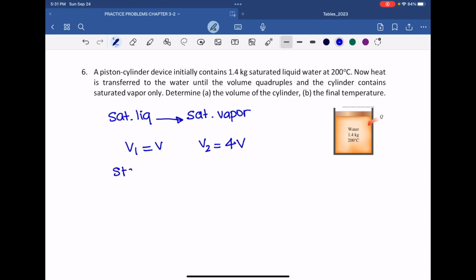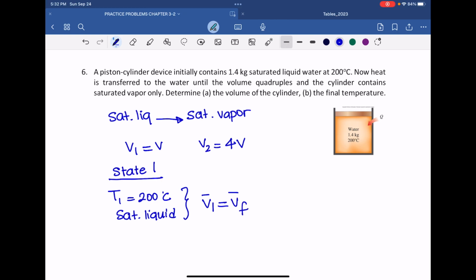And what else we are given? Let's look at state 1. We have the temperature. And we also know it's a saturated liquid water. So these two are enough for us to be able to look at the saturated water tables and read the corresponding specific volume, because it should be equal to the specific volume of the saturated liquid.